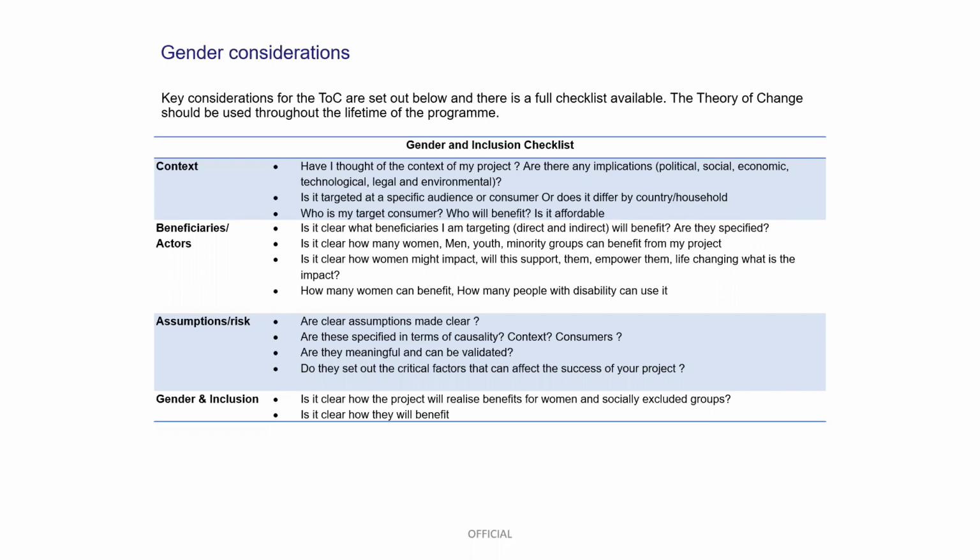Who's my target consumers? Who will benefit? Is it affordable? Am I directing it as household, women only? There's all different questions that you look at. Is it clear how women and men and youth and minorities are going to benefit? So these are just questions to trigger your mind on gender and inclusion as you plan out your project. I won't go through them all, but they can also be shared.